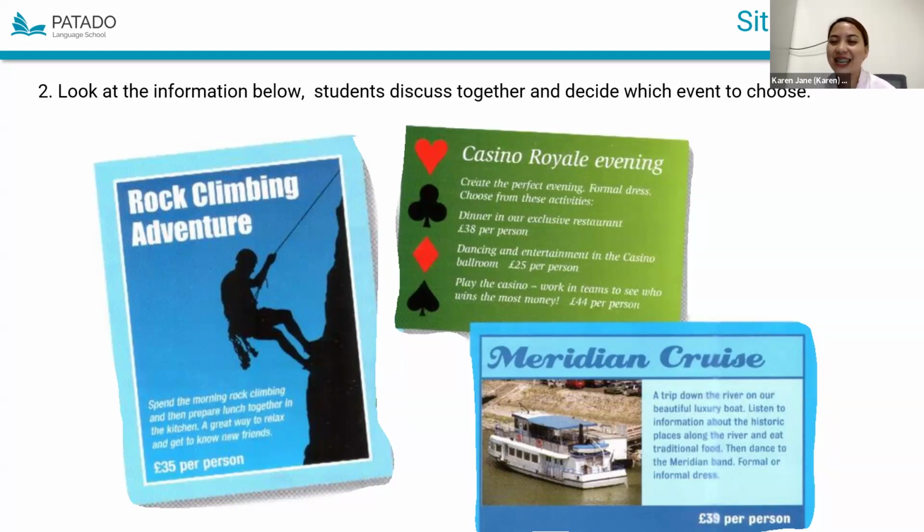Okay, so why do you think you have to choose Meridian Cruise to cater both companies? Because the first company prefers activity outside, and on the boat they can enjoy being outside a bit.